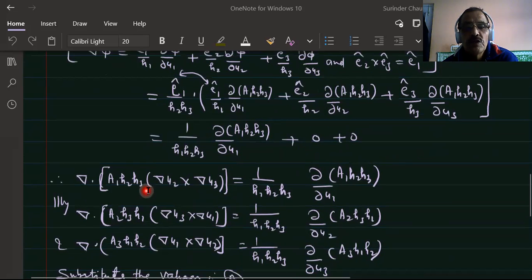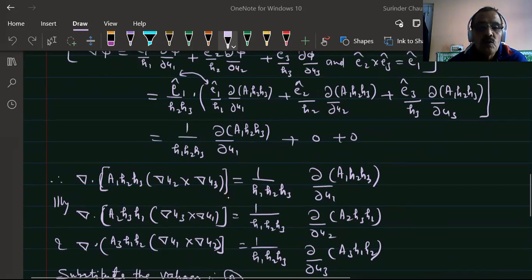So a1 h2 is this, del dot a1 a2, a1 is this, we calculated this here. So similarly del of a2 h3 h1 will be equal to how much? Similarly, del dot a3 h1 h2 will be in terms of u1 plus u3 of a3 vector h1 h2.